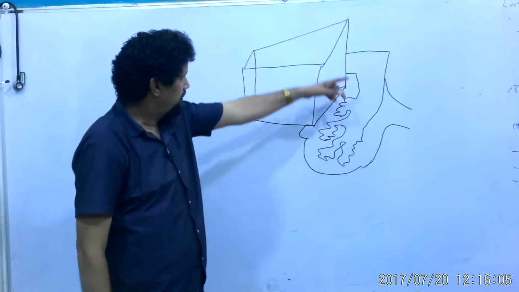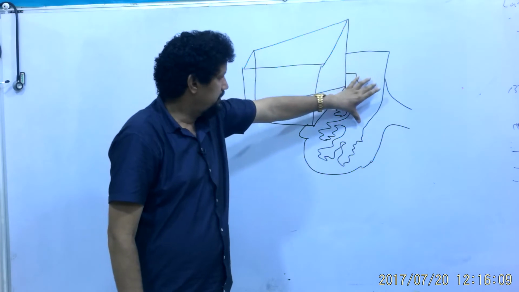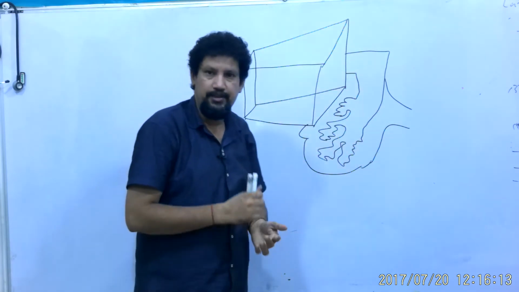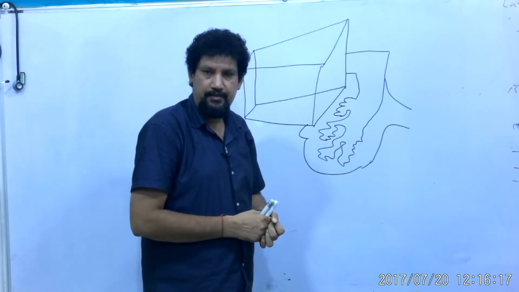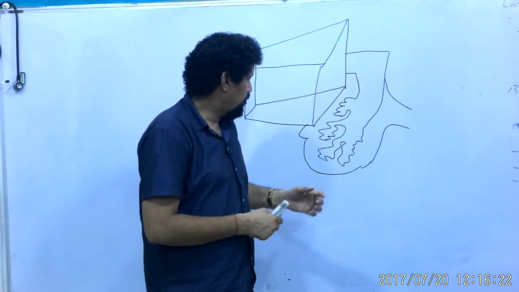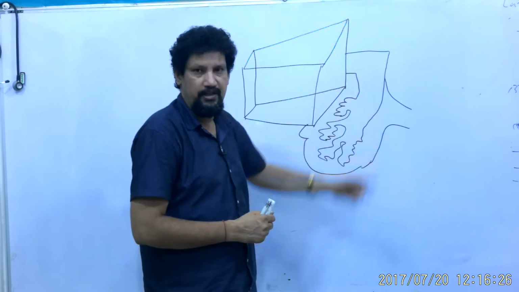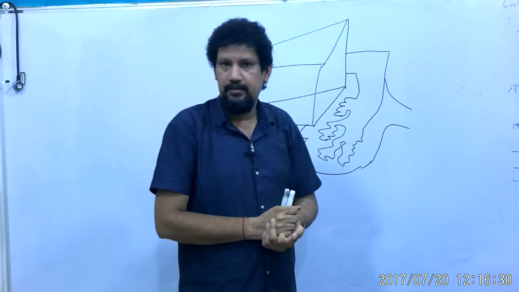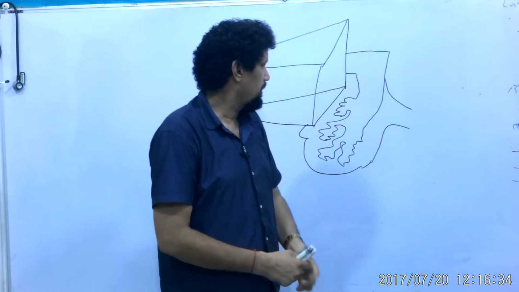So this is the aditus to the mastoid antrum, this is the mastoid antrum, and these are the air cells. What is the normal anatomy of this antrum and these air cells, and of this aditus to the antrum, I will talk in detail in my next lecture.